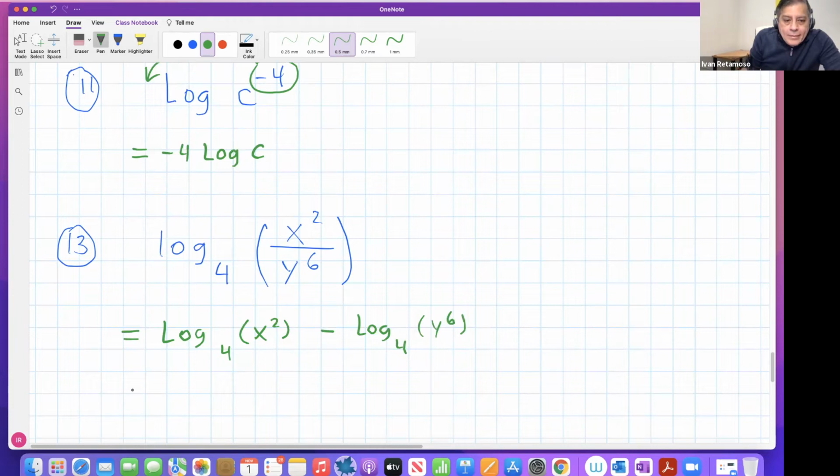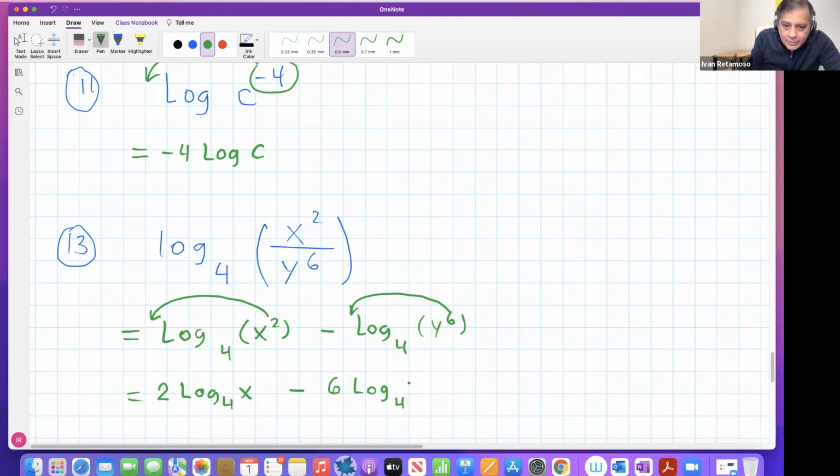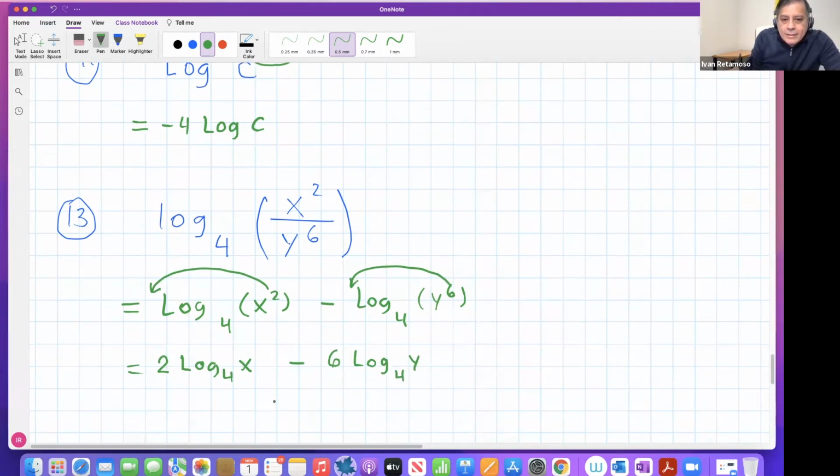Now I'm going to use the power rule, the one that tells me that this exponent can be written up front as 2 times log base 4 of x, minus, same thing here, take this exponent 6 and write it in front of the log: 6 times log base 4 of y. And then there is nothing else to do. That should be it. Great. Next.